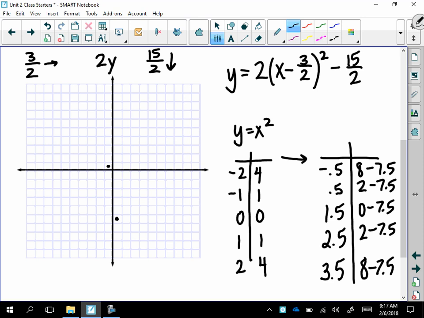Then 1.5 and 0 minus 7.5 would be negative 7.5. And the other 2 points actually are just going to use symmetry to find those. And once I have those points, then now we're able to graph.